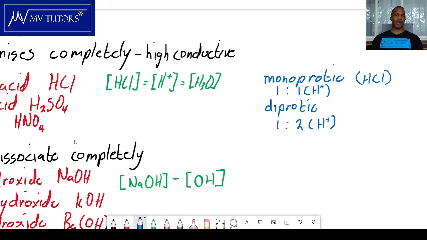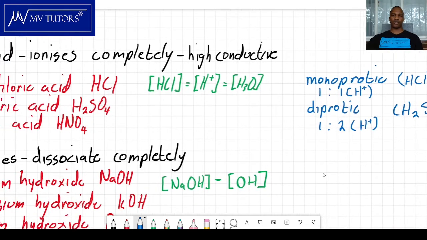An example is H2SO4, so that becomes diprotic. If it has 3 H's, then the ratio is 1:3, and for two it is 1:2.